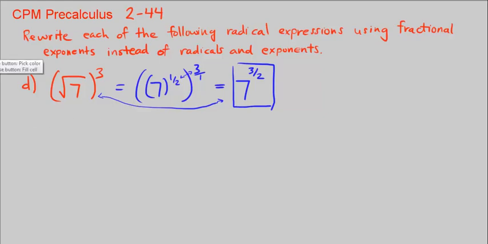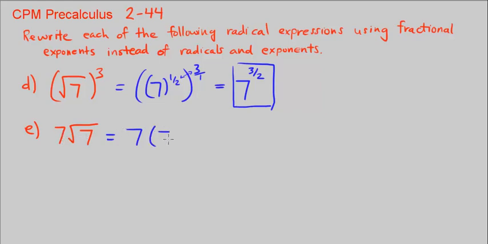Alright, part E, we are given 7 times the square root of 7. So how do we simplify this? Well, we know 7 is just 7, and the square root of 7 is 7 to the power of 1/2. So what do we do now?